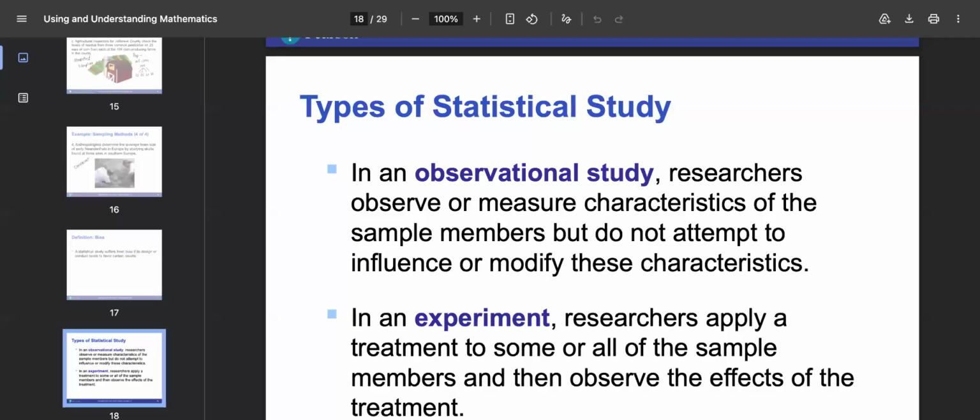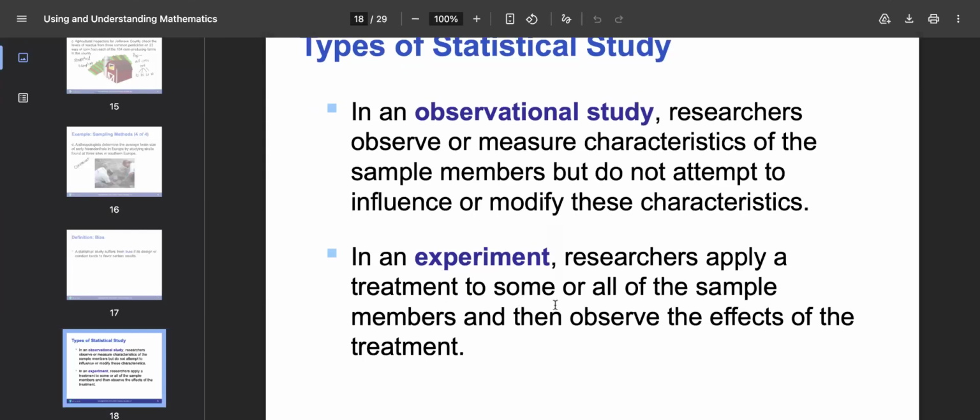So, an observational study is exactly what it says. You're just on the outside kind of observing what's happening. It should always involve something that you're observing.